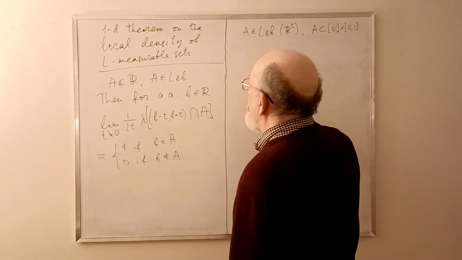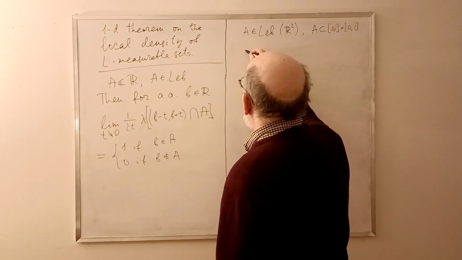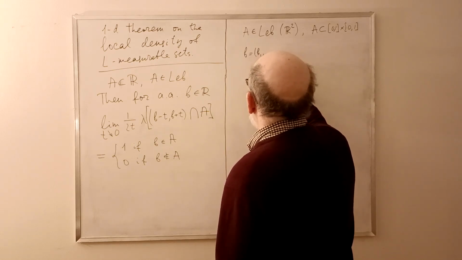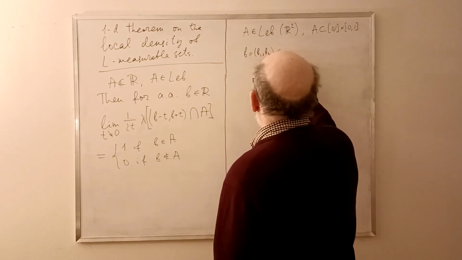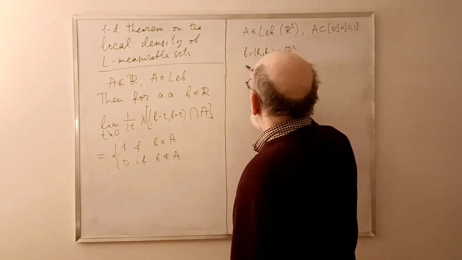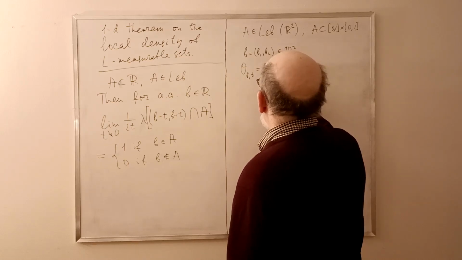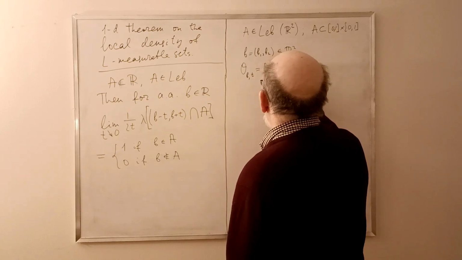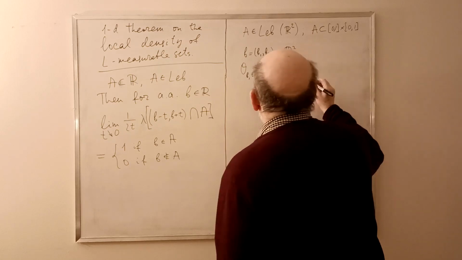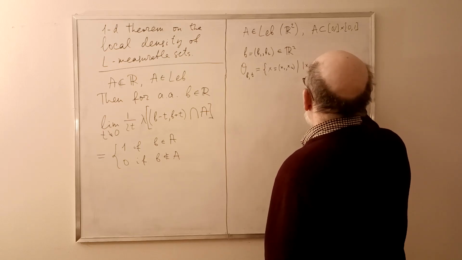Then consider the following. For any B equals B1, B2, a point in R2, consider the square O(B, t) equals the set of x equals x1, x2 such that modulus of x1 minus b1 is less than t, and modulus of x2 minus b2 is less than t.